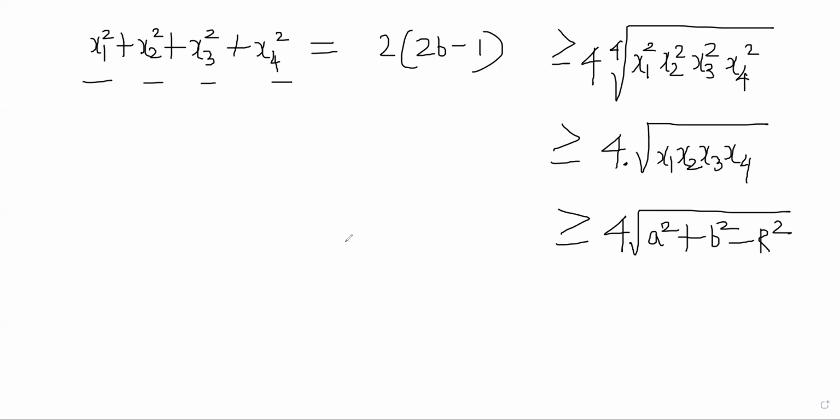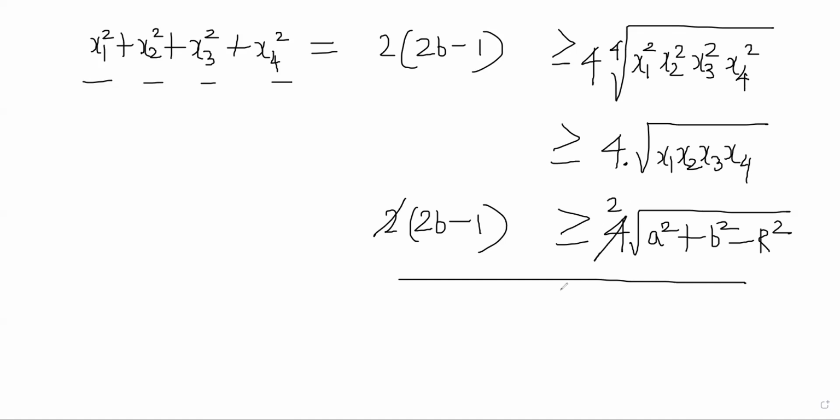So 2 times (2b minus 1) is greater than or equal to this. We can square it after cancelling one of the 2's, and you get 4b square minus 4b plus 1 is greater than or equal to 4a square plus 4b square minus 4r square.